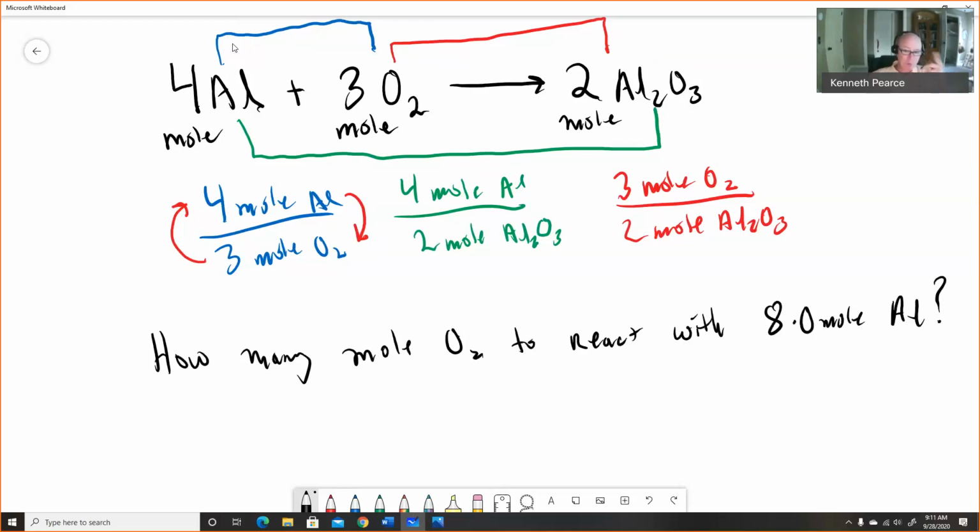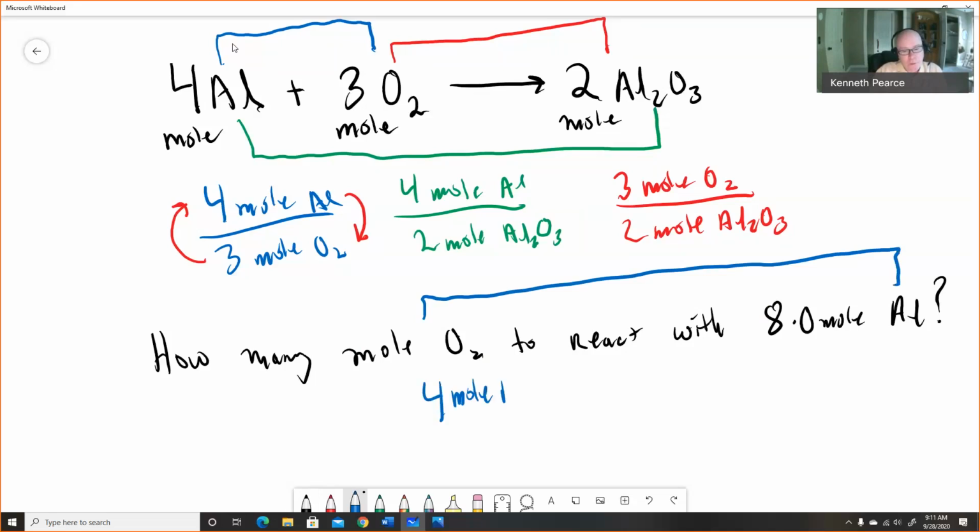Right now, we only have one set of keywords that we're worried about: we're going from one thing, oxygen, to another thing, aluminum, which means the mole ratio that comes off of that balanced equation would be 4 mole aluminum for every 3 mole oxygen. And ignore everything else.